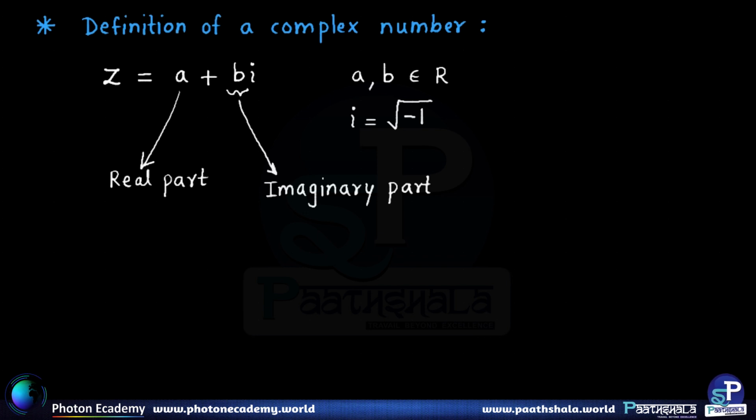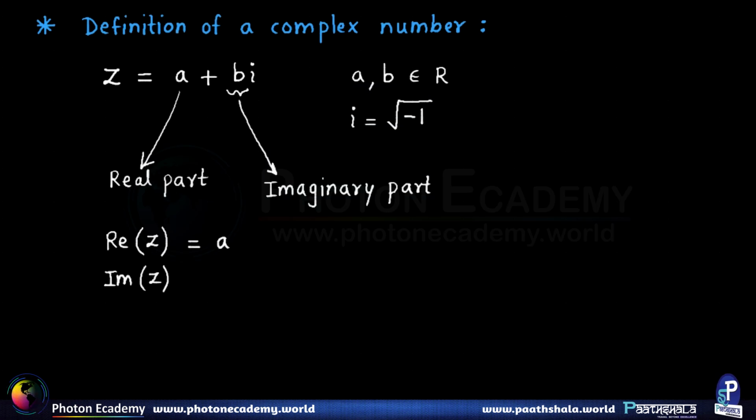So writing that in the notation we have Re(z), which stands for the real part of z, which is nothing but a in the above example, and Im(z), which stands for the imaginary part of z, which is b. So now just to take some example, let's consider the number 3 plus 2i.